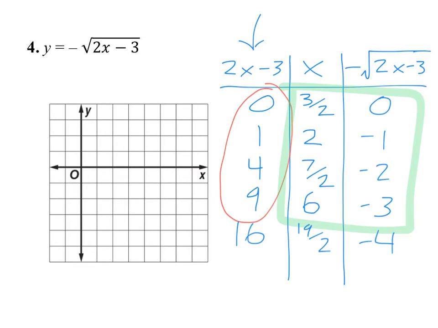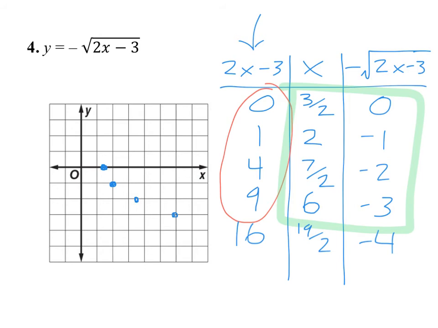Okay, so now I'm going to finally graph the points. 3 over 2 is 1.5, so 1.5, 0 is here, 2, -1, 3.5, -2, 6, -3, and that last point, 9.5, -4, does not fit.